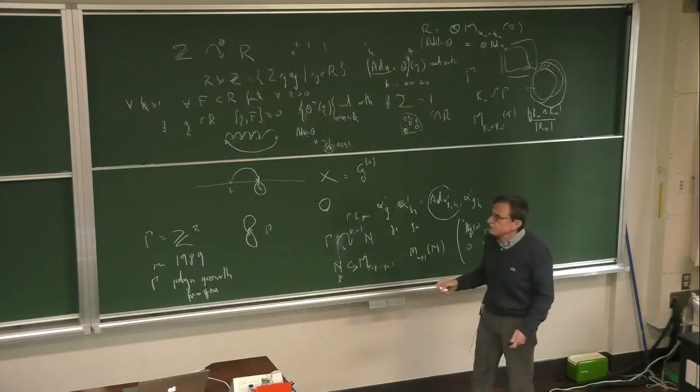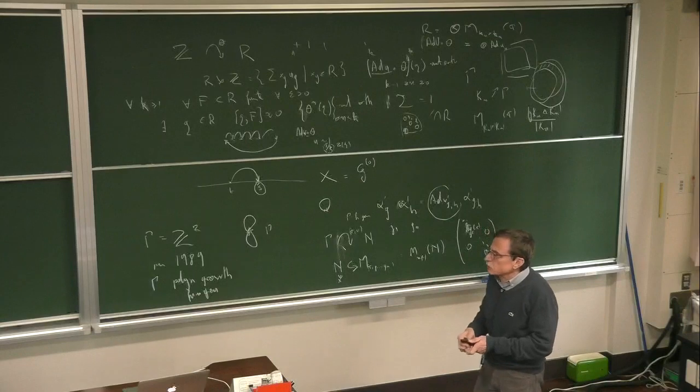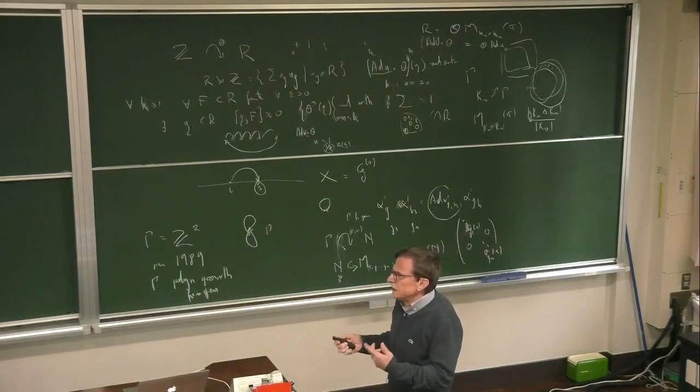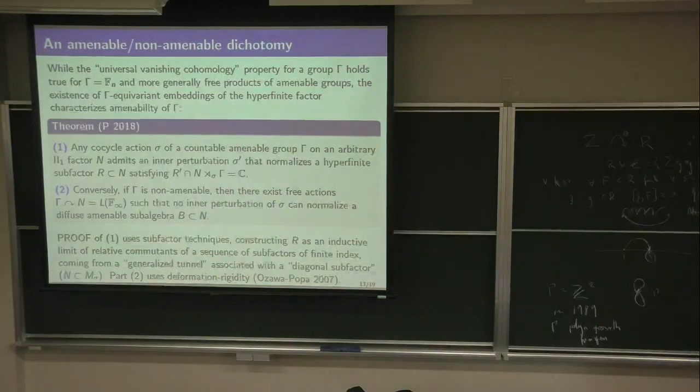So this is a subfactor situation with finite index (n+1) squared. And if the graph, what's called the standard or the principal graph of this subfactor, is the Cayley graph of the group corresponding to this finite set of generators.